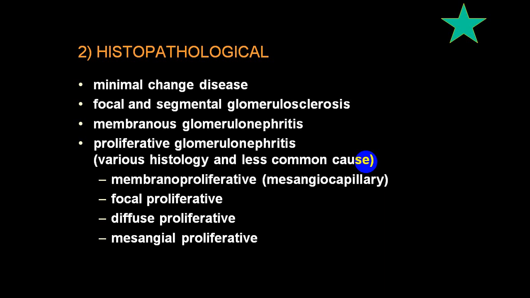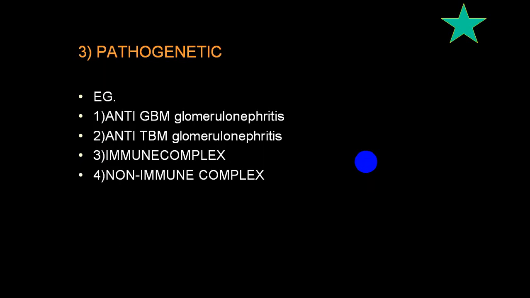Histopathologically, you can classify as minimal change, focal or segmental, membranous variety, proliferative variety, and then combinations: membranoproliferative, focal proliferative, diffuse proliferative, mesangial proliferative. These are all histopathological diagnoses. When you do an antibody study, there is anti-GBM glomerulonephritis, anti-tubular membrane glomerulonephritis, immune complex disorders and non-immune complex disorders.